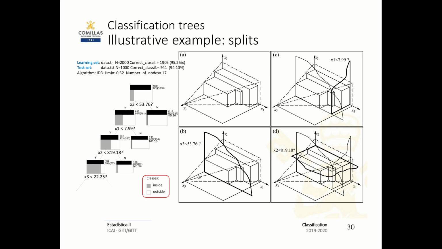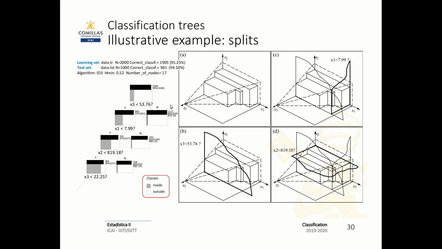So we see that this corner of the pyramid will be misclassified by this assignment. How much is it misclassified? The correct classification will be 96%.